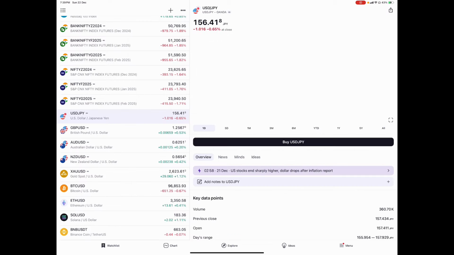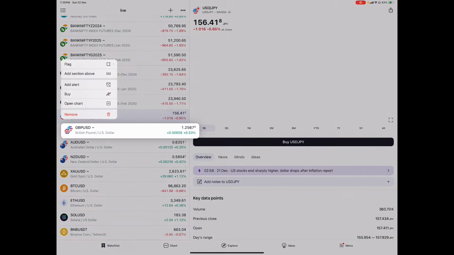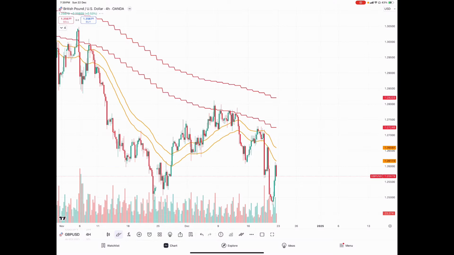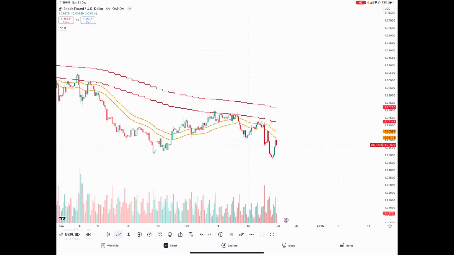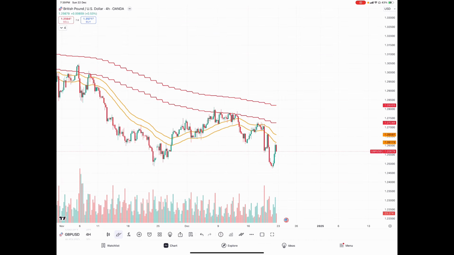Now let's look at GBP and USD. So if you see, it's the exact opposite of USD and Japanese yen. The red lines are above, orange lines are below, so it is bearish.